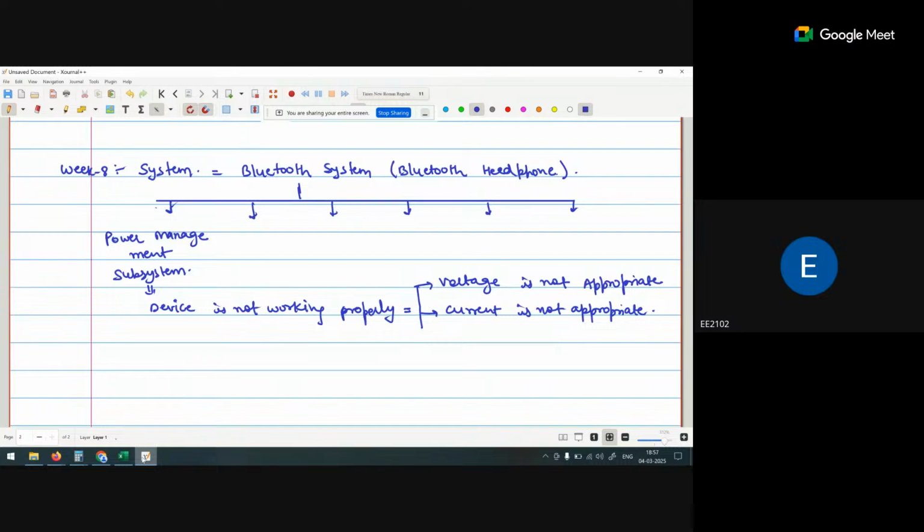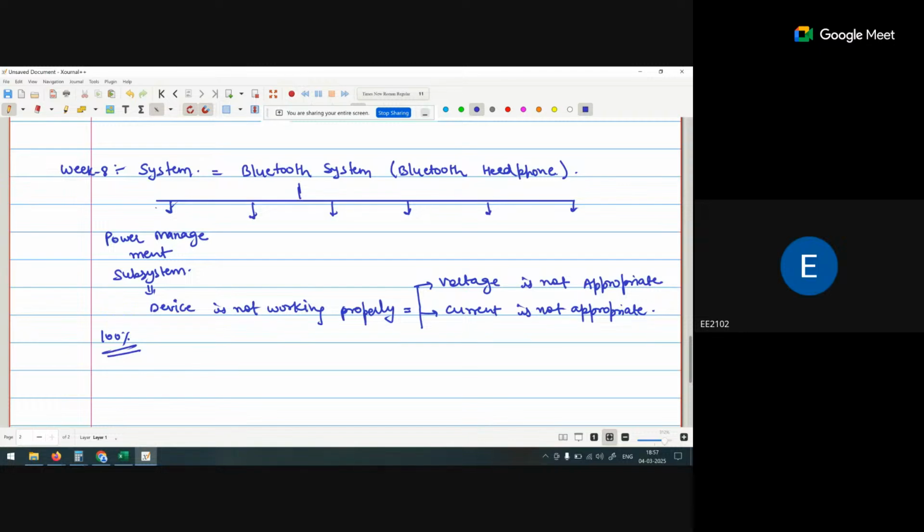The basic reason is that your mobile phone shows 100% battery when you charge it with some other adapter or cable, but the required voltage and current for this are not appropriate.